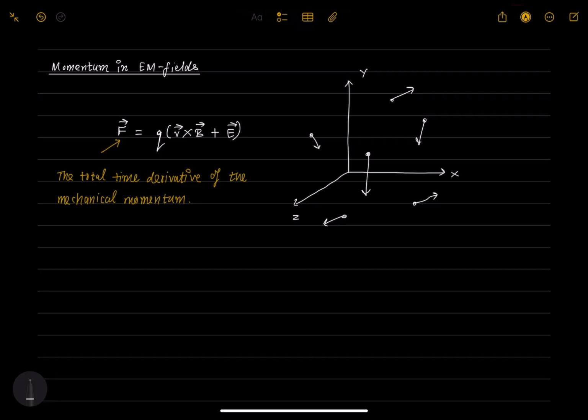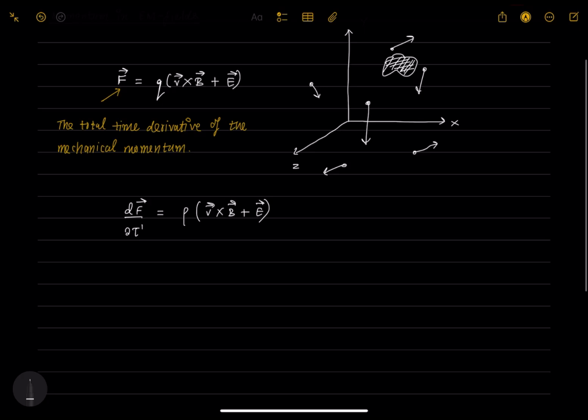So this is for a single particle, and if we're talking about the local force density, that is, if we're talking about the force that is felt per unit volume, per unit small volume of that field, then we're obviously going to have to use the local charge density instead of the local charge magnitude, right?